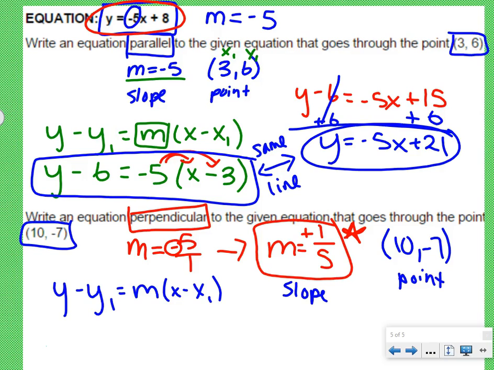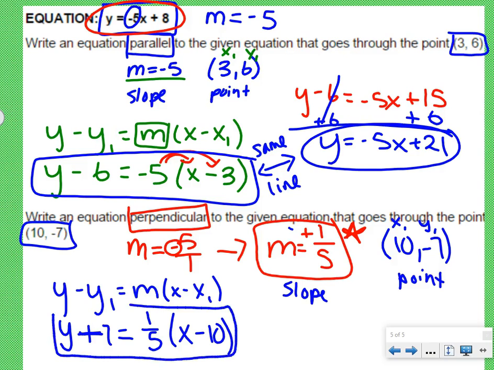Plug in the given information: y - y1, which we get from the point, is -7, equals m, 1/5. Remember, we're using this new slope right there. And then x - x1, which is 10. Make sure we change this double negative to a positive, and there we have our equation.